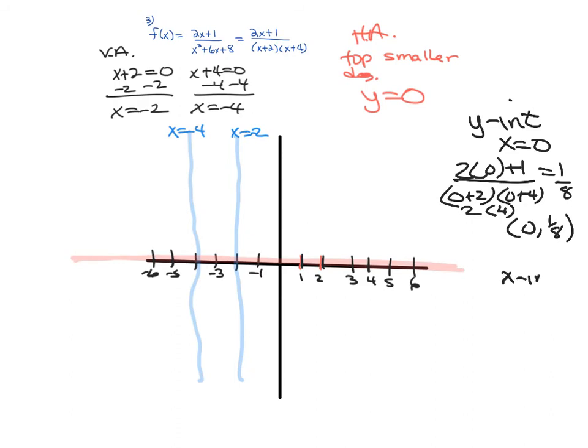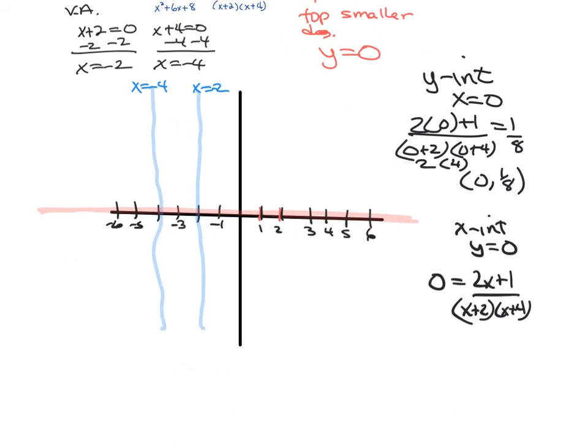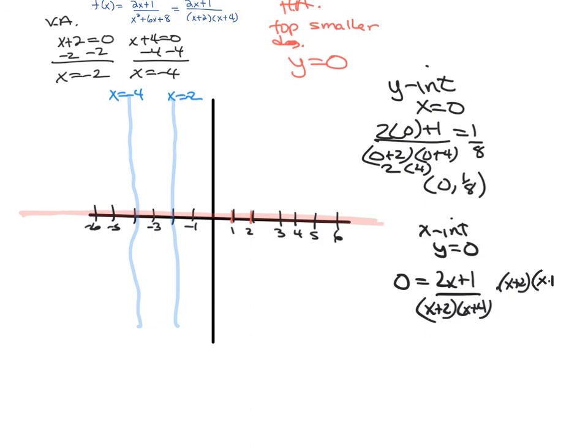My x-intercept, I'm going to set y equal to 0. And then I'm going to solve for x. So again, I want to get rid of the fraction. So multiply both sides by x plus 2, x plus 4, cancels.